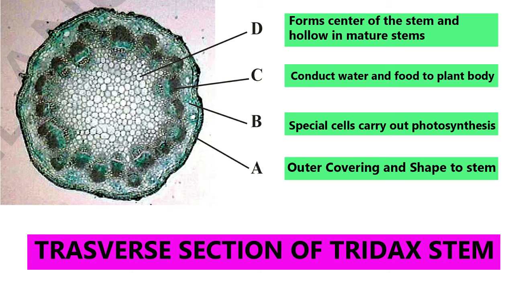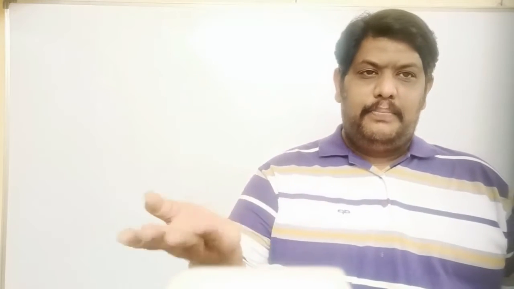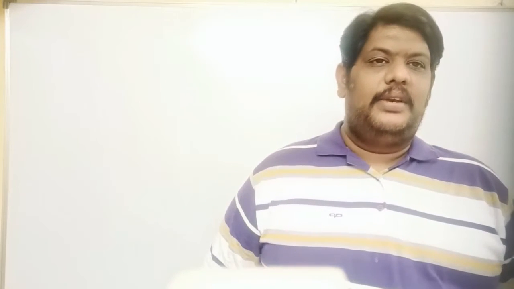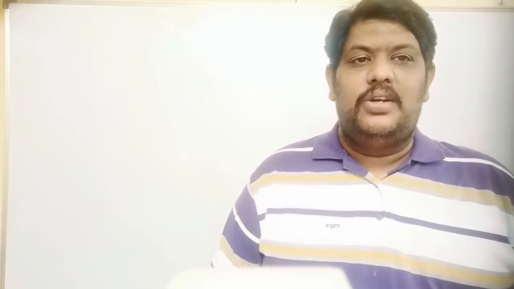Okay, these are the cells which are present in the tridax plant or spinach plant, and also these are the structures which are having cells in the young stems, but when they become matured, you can only see the hollow, empty space in that. So that is how a transverse section of a part of a leaf, like the stem part of a leaf, if you take it off and especially see in the microscope, you can observe these kinds of cells in that.